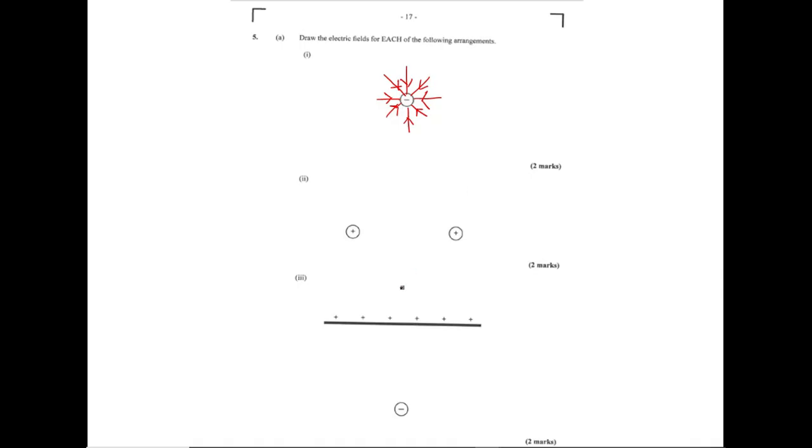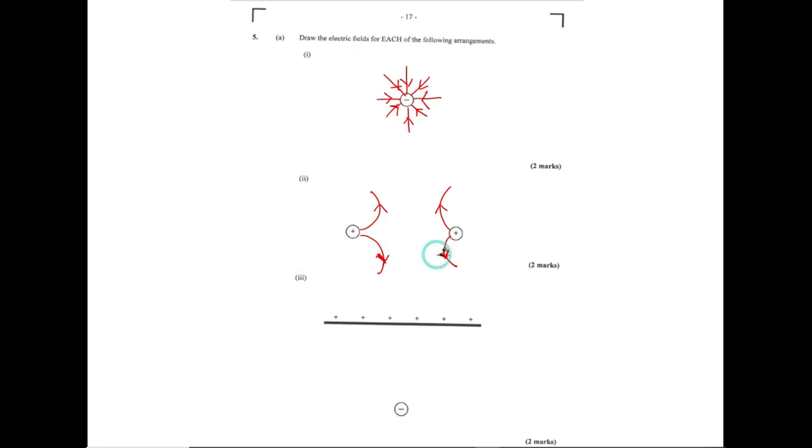So they're going towards. And then with this one, you have like charges, so they're going to repel. So easy repulsion field lines, you just draw them away from each other. But just remember that with the positive charges, the arrows go away from them. So they're really testing your knowledge if you realize the direction of the arrows.